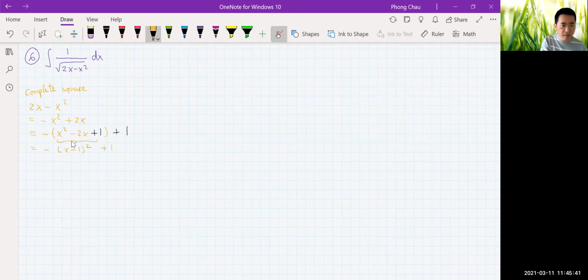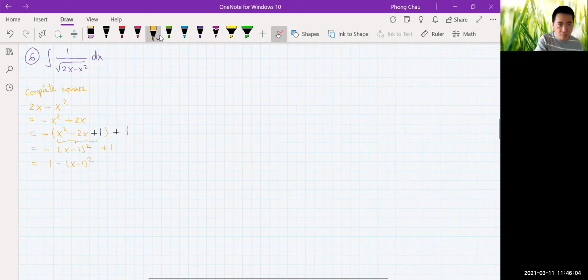So now you see we have 2 quantities here. If we flip them, we put the 1 in front, so this is 1 minus the quantity x minus 1 squared. Now I have a difference of squares after some hard work.